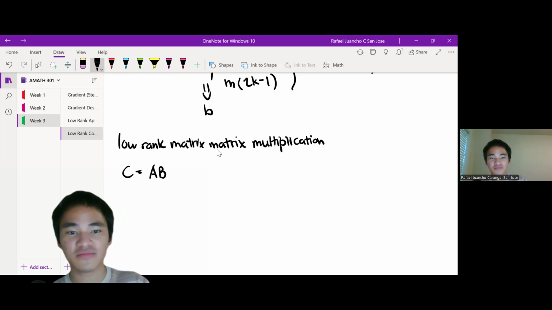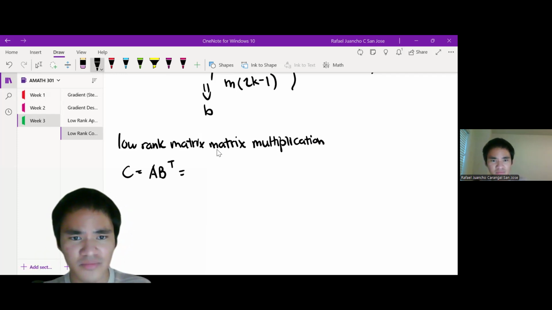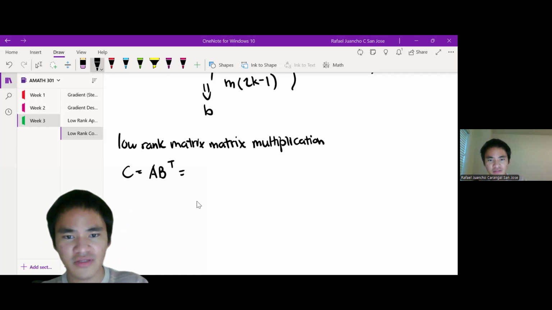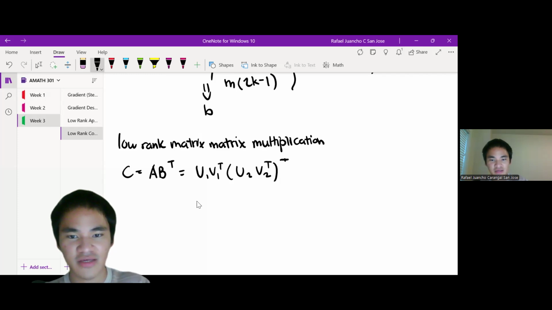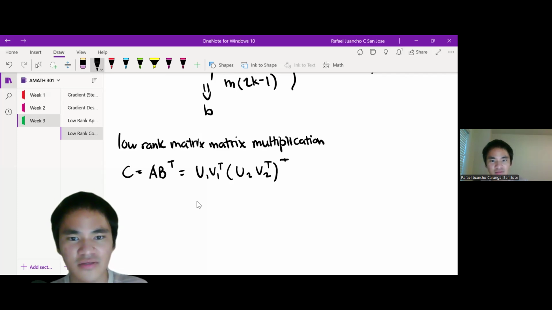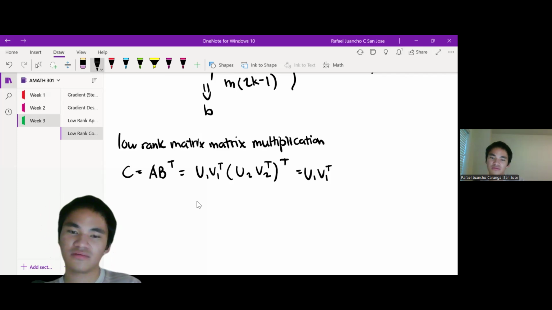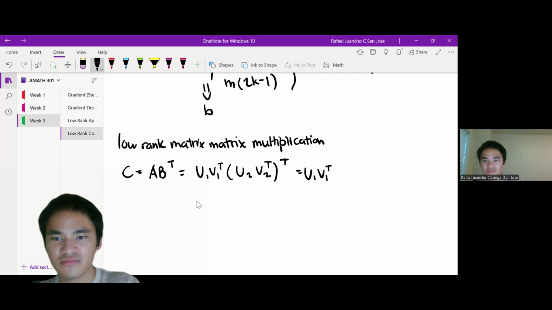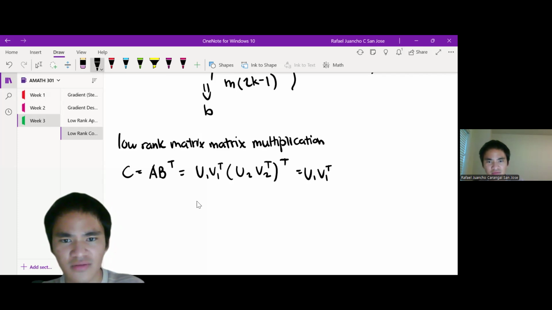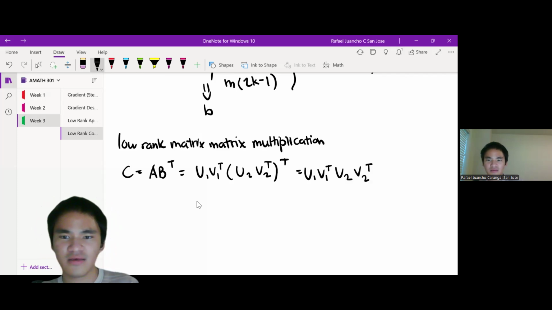I'm gonna transpose one of them, and I'm gonna say that's equal to U1 V1 transpose, and I'm gonna multiply that to U2 V2 transpose, and I transpose that thing as well, and this should give me U1 V1 T, and then this should give me V2 V2 T, right?